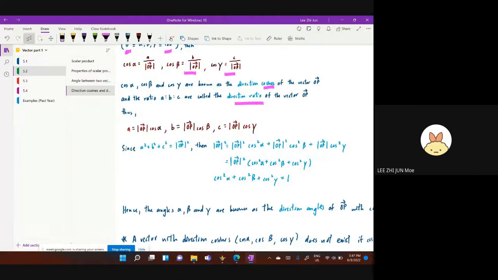Okay, so we know that a equals magnitude times cos alpha, b equals magnitude times cos beta, c equals magnitude times cos gamma.